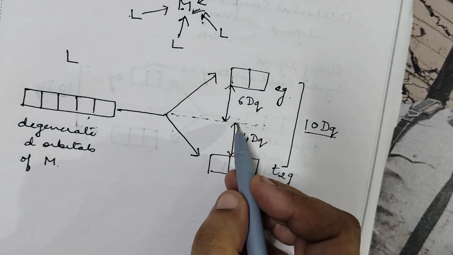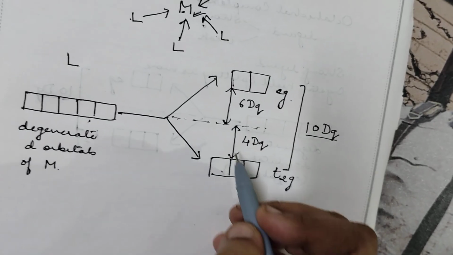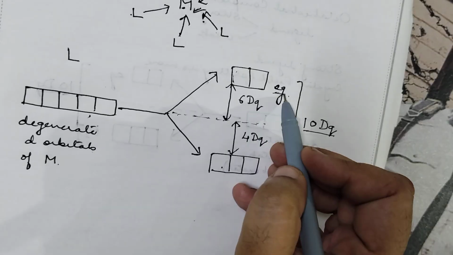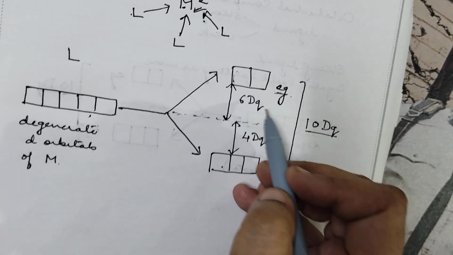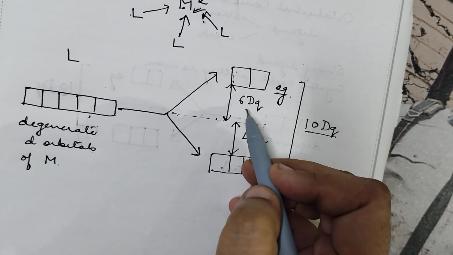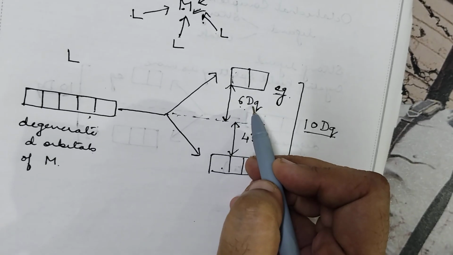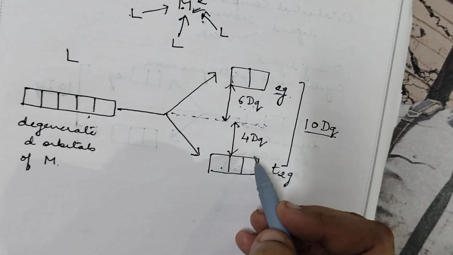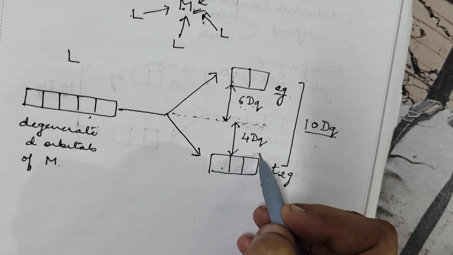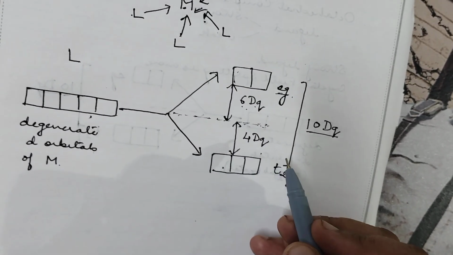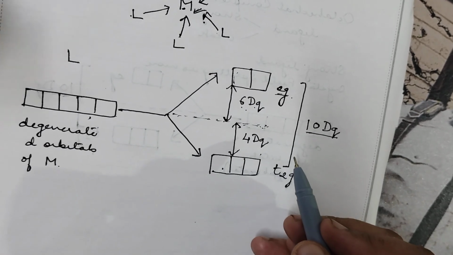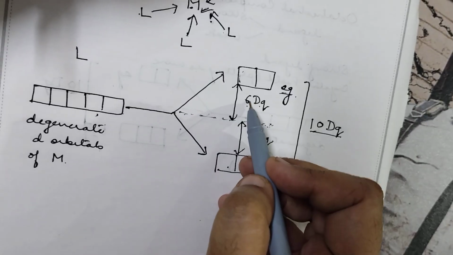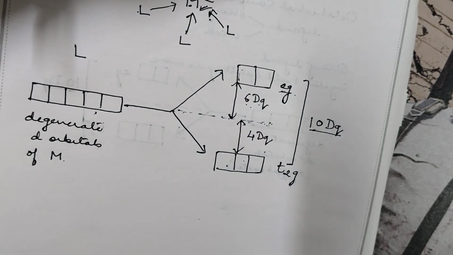So 4 Dq is below this level and 6 Dq is above this level. That is, Eg orbitals will have energy greater by the value 6 Dq from this level, and they will have lesser energy than this level by 4 Dq. So this is the energy separation, which is 10 Dq, and 10 Dq is divided into 6 Dq and 4 Dq in this way.